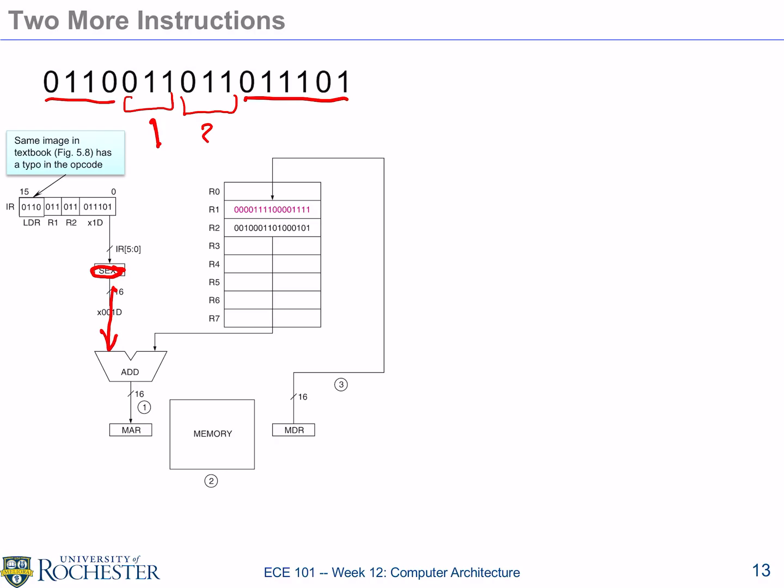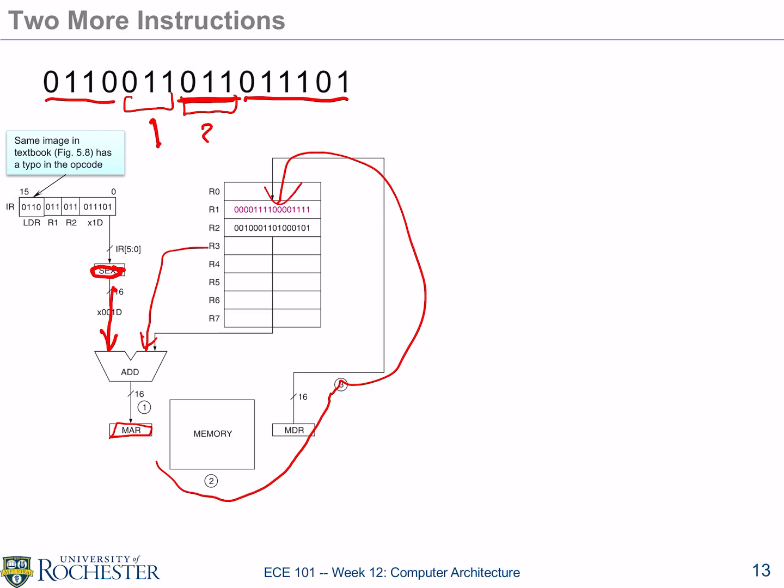So you take source register. I think that's the typo, either in here or in the textbook image. The source register should be 011, which is R3. You take the value out, you add it to the offset, you put the result in MAR, memory address register, go through the three-step process, you get the data in.